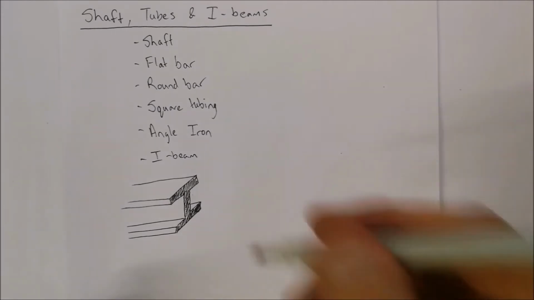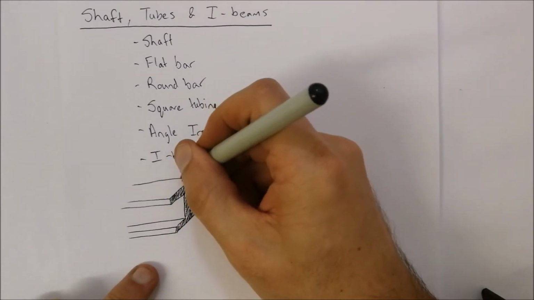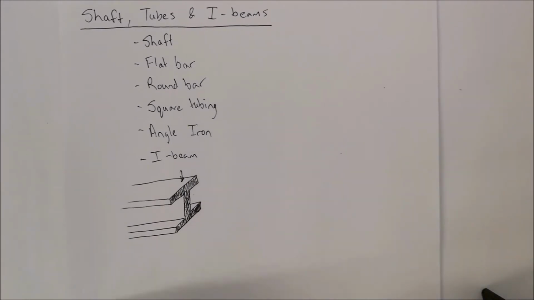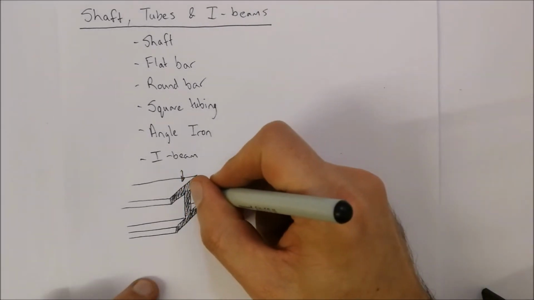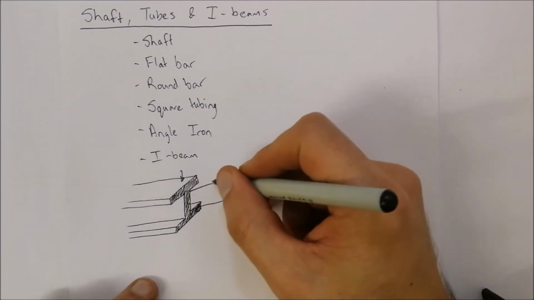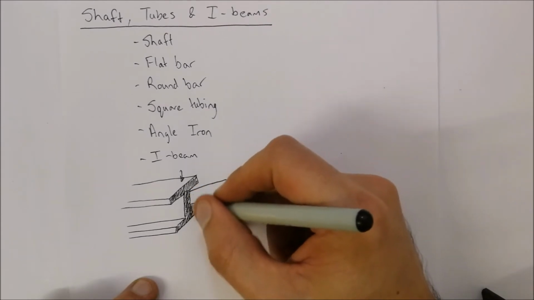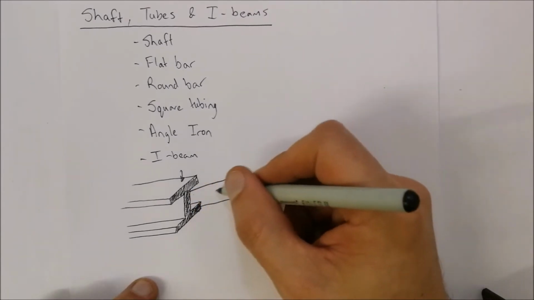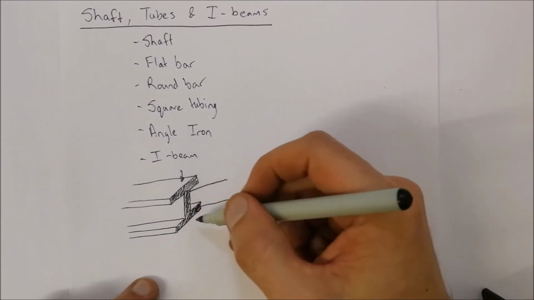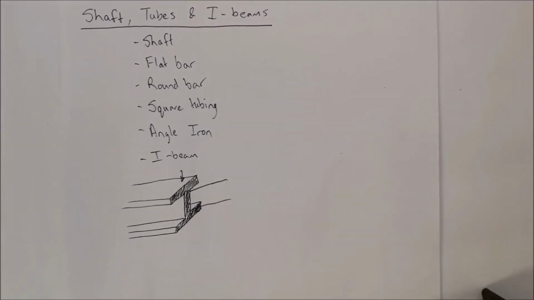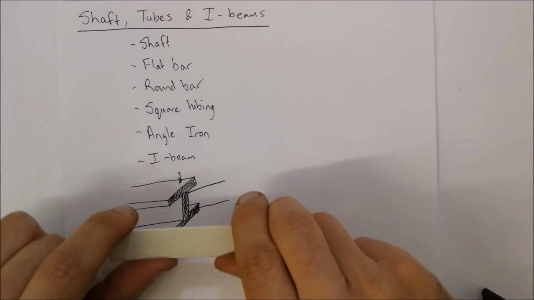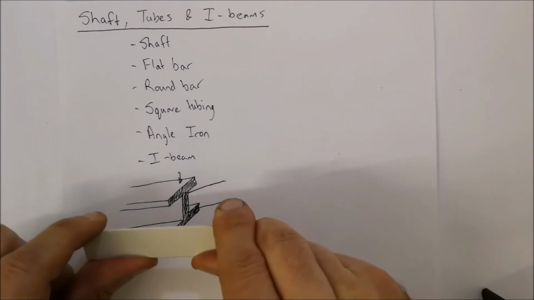So if we've got some weight acting on top of this beam, this flat bar that is represented over there, that vertical section, which is of the eye, is going to essentially prevent it from bending, because we've got a flat bar scenario as this, so it's going to prevent it from bending downwards.